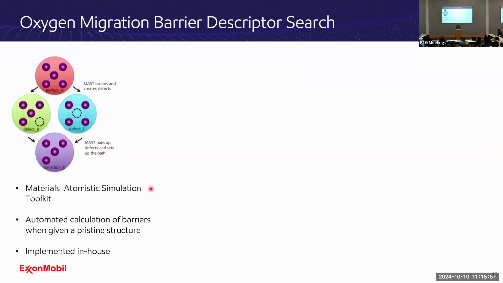In terms of its actual execution, it goes like this. We were using the Materials Atomistic Simulation Toolkit, which comes from Dane Morgan's lab in Wisconsin, and Sumathi implemented this on our computers and also at MIT. This allows for at least some job automation: I give it a structure, it automatically sets up all the daughter jobs for calculating the vacancies that form and the transition states for the barriers.